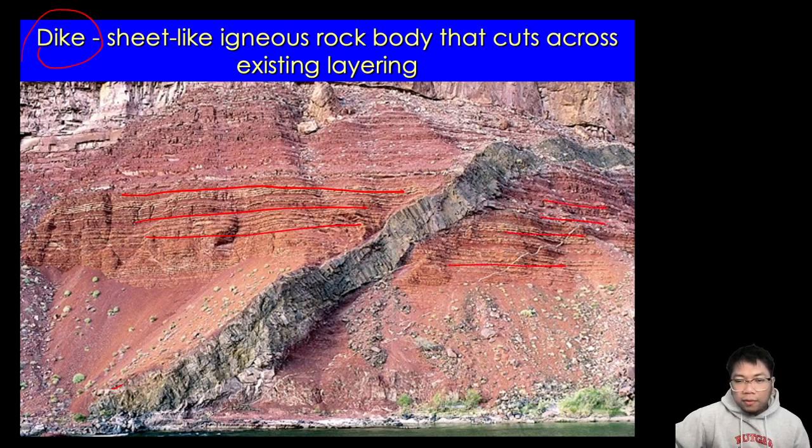Here are some of those sedimentary rock layers, and look at what we got in the middle. We got an igneous body that simply cuts across all those layers. Because this body cuts across the sedimentary layers, we would call this a dike.